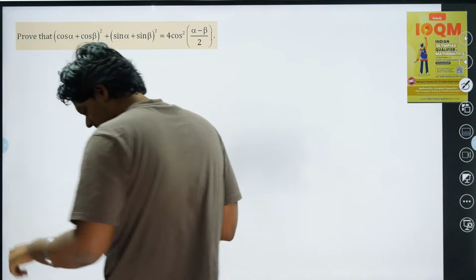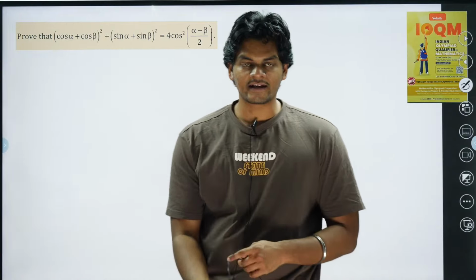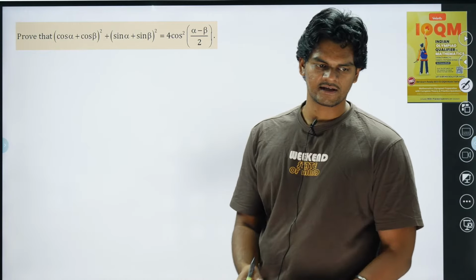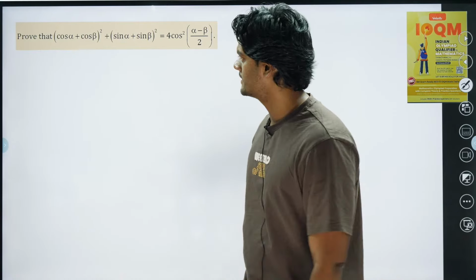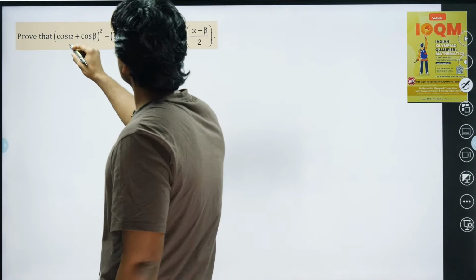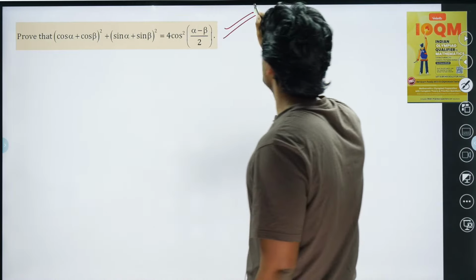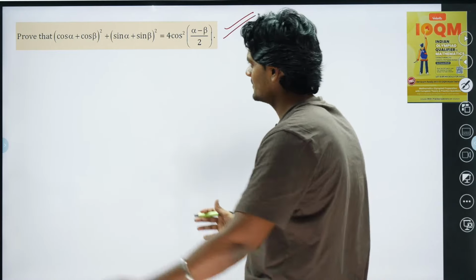Later on, questions will come which are based on triangles, right? Solutions of triangles type, which use sine rule, cos rule, etc. So prove that cos alpha plus beta. This is very easy. I'm telling you, this is actually very easy. You just square it.